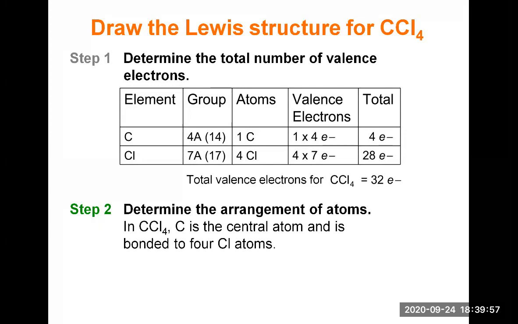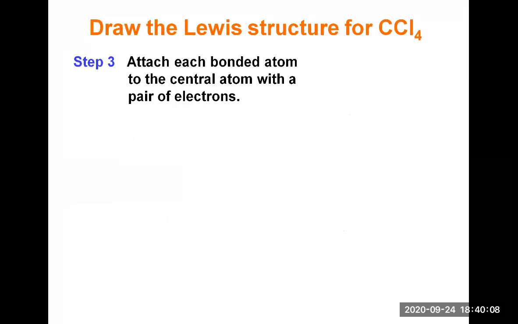So it will look like this: carbon in the center, and then chlorine on the 4 sides. So the next step is to attach the chlorines to the central atom, so to carbon, giving a single bond between the carbon and each chlorine.